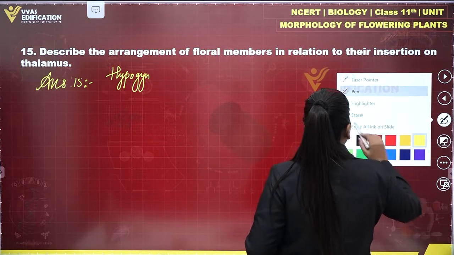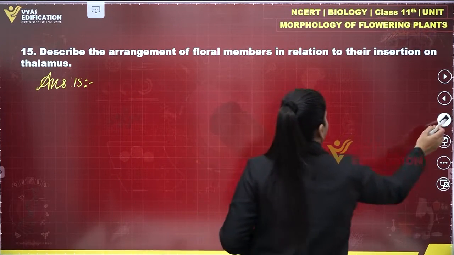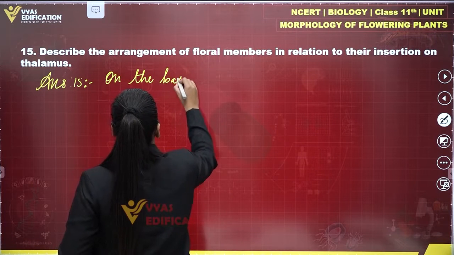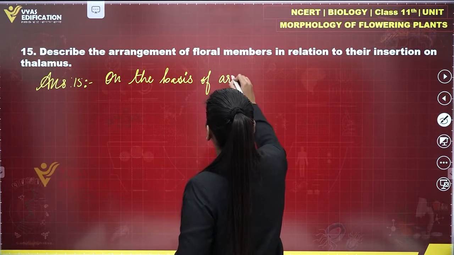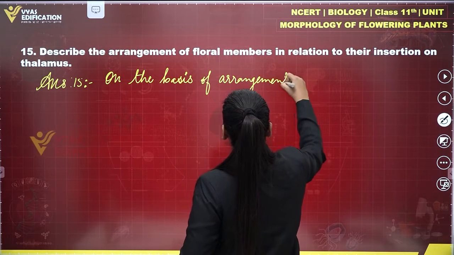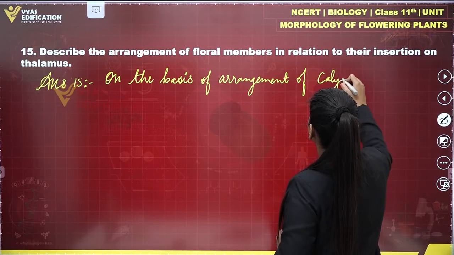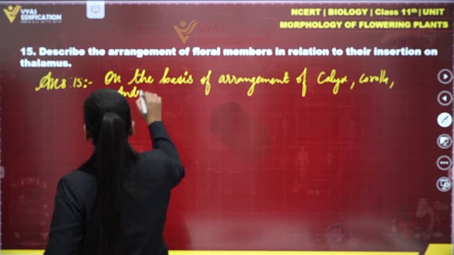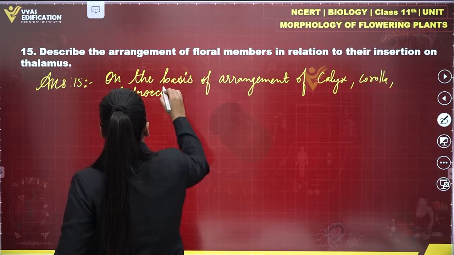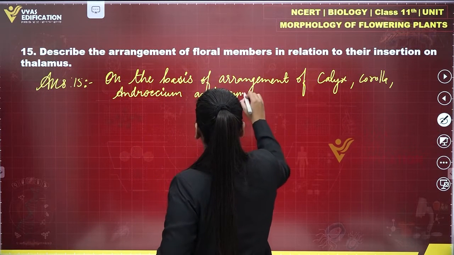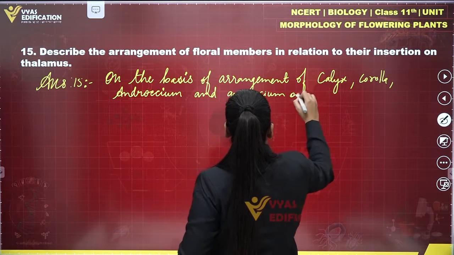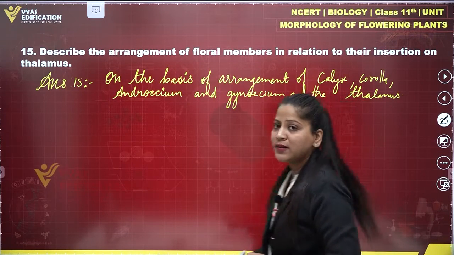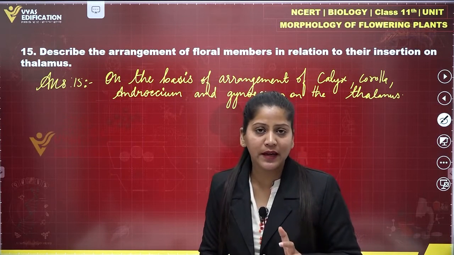First of all, we'll write: on the basis of arrangement of calyx, corolla, androecium and gynoecium on the thalamus, flowers are described as hypogynous, perigynous and epigynous.